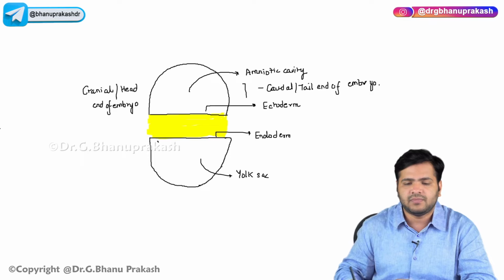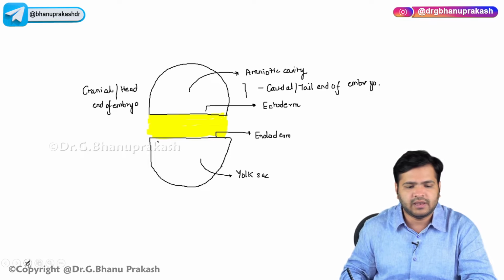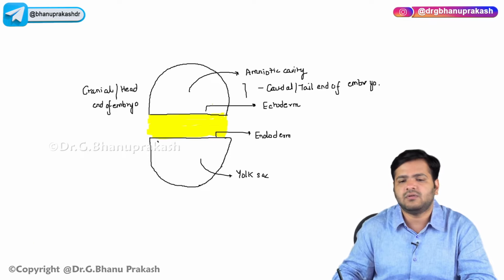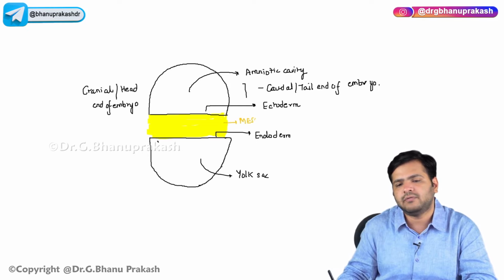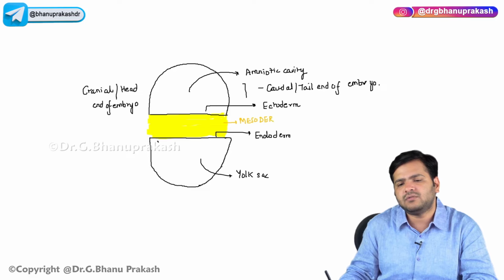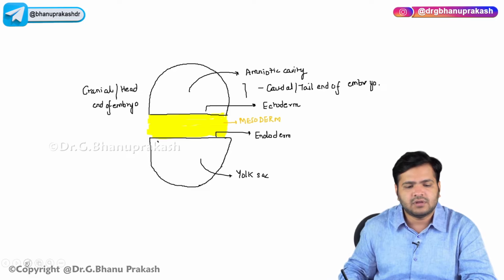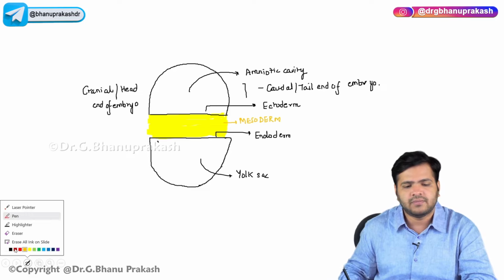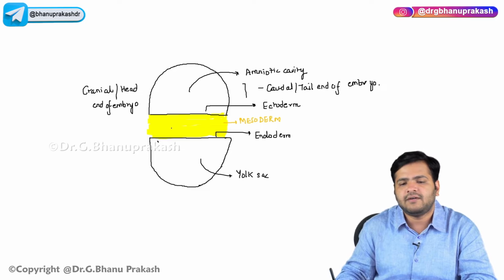Now in the mesoderm, this yellow colored area, you already know this is the mesoderm, right? Now in the mesoderm, we have the neural tube.